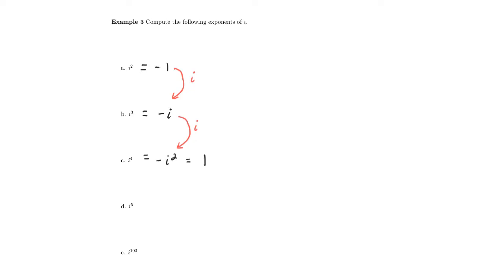So if you look at what happened here, we have i squared is negative 1, then it goes to negative i, and then it goes to positive 1. To complete this pattern, we could even go backwards. It might be helpful to write this in here as i to the first, that's just i, and i to the 0 is going to be 1. And now our pattern emerges.